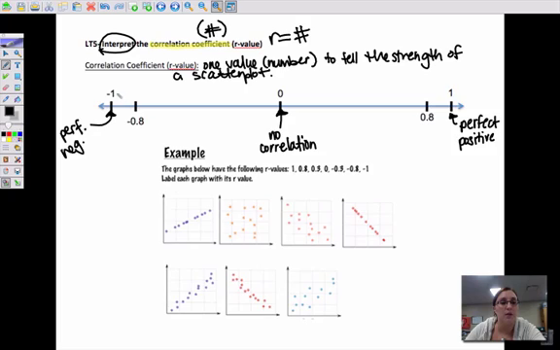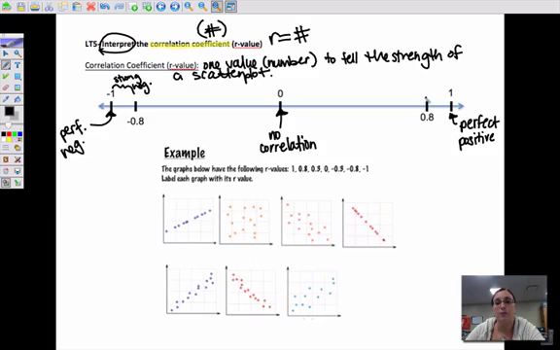So then what we're going to do is go from -1 to -0.8. That range of numbers, so anywhere from -0.8 down to -1, so -0.81, -0.85, -0.9, -0.99, that would be a strong negative.